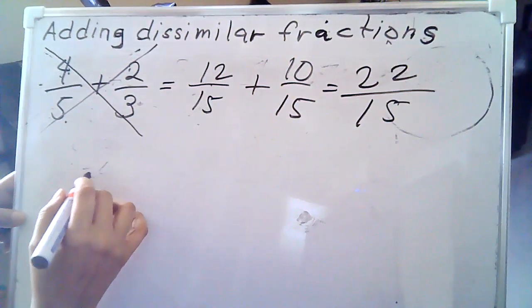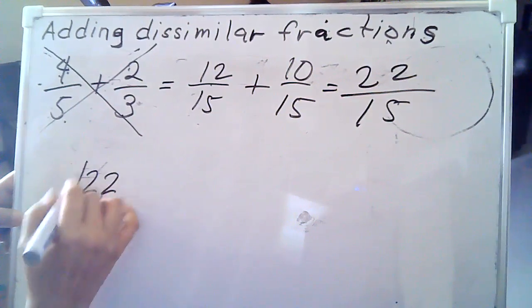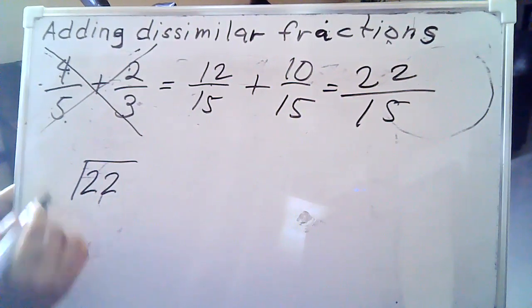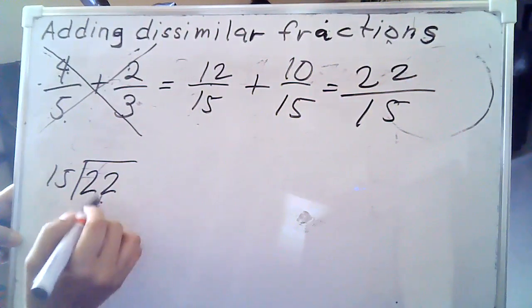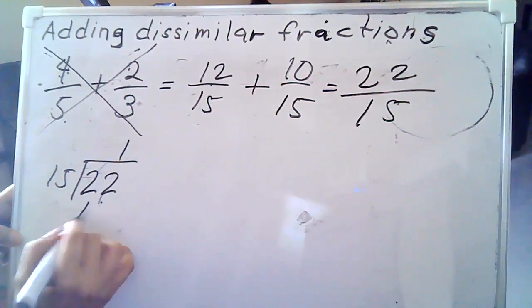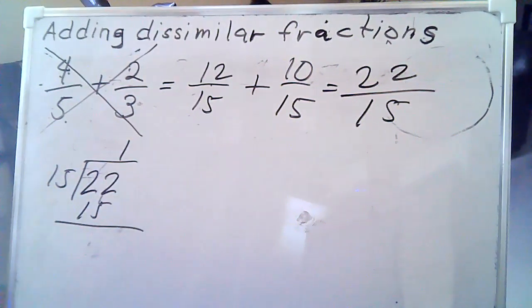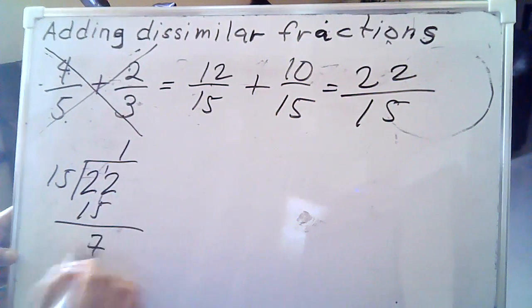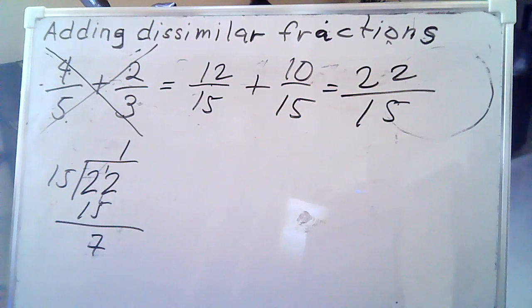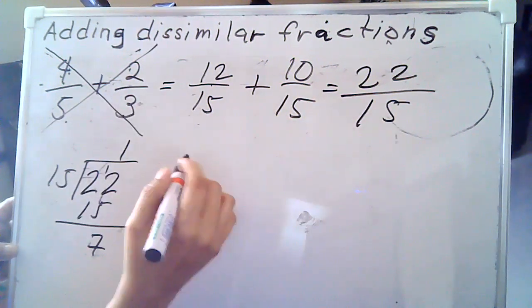So, by doing that, we need to divide 22 divided by 15. So, 22 divided by 15 is 1. 1 times 15 is 15. And 22 minus 15 is 7. All right, and so here dito natin lagay.